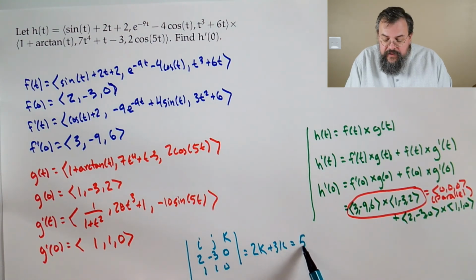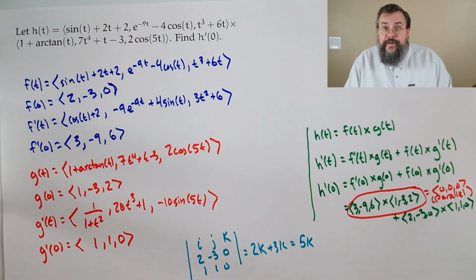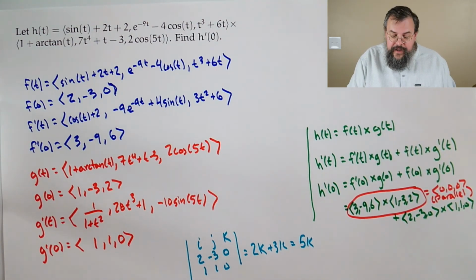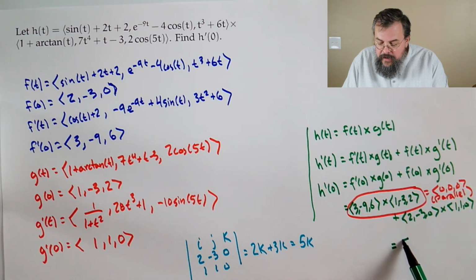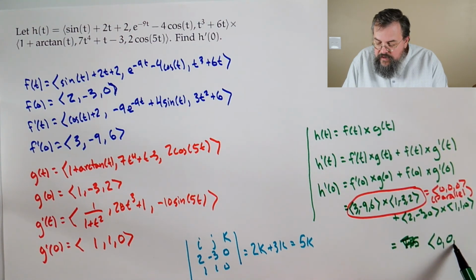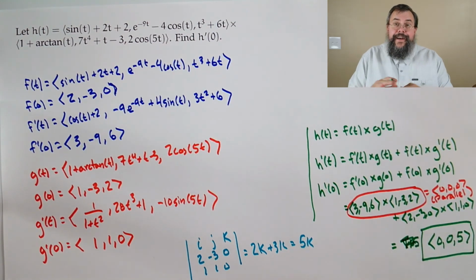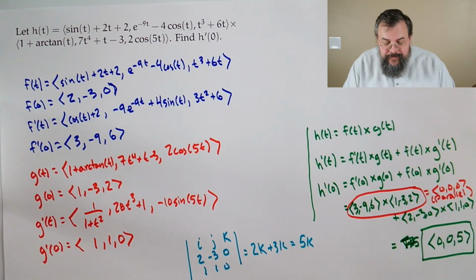So we end up with 5k, which tells us that our final answer is the vector 0, 0, 5. And that's it.